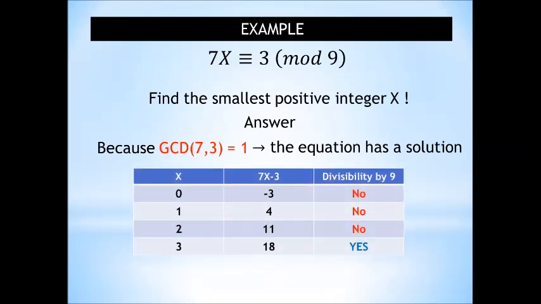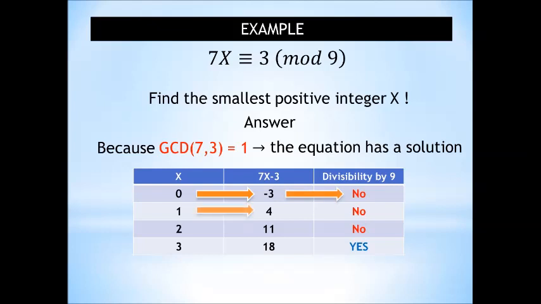By using this table, we can check the value of x from 0 to 3. If x is 0, then the value of 7x minus 3 is minus 3. But minus 3 cannot be divided by 9.